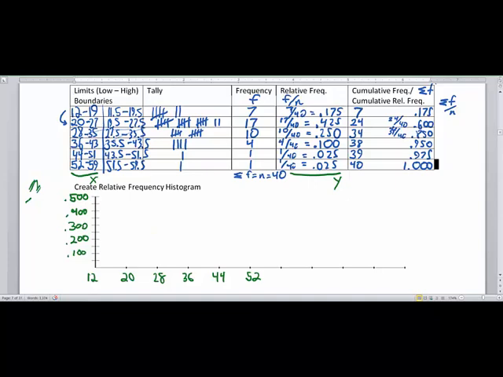So let me get some heights onto this now. This first bar is 17.5% of the data, which is 175 thousandths. This second bar is 425 thousandths.